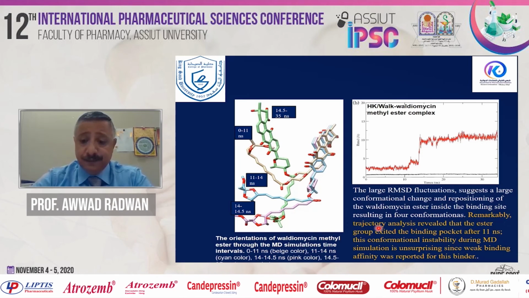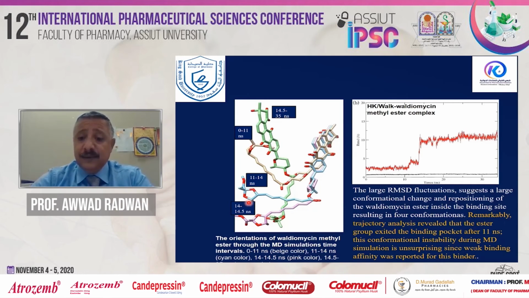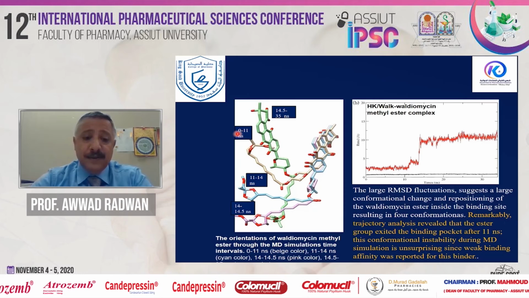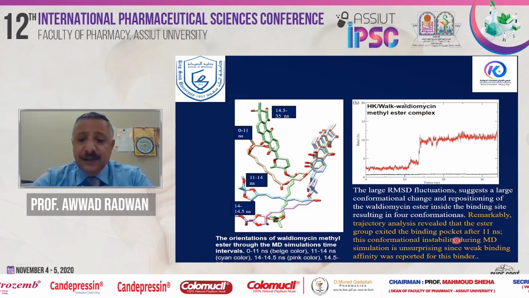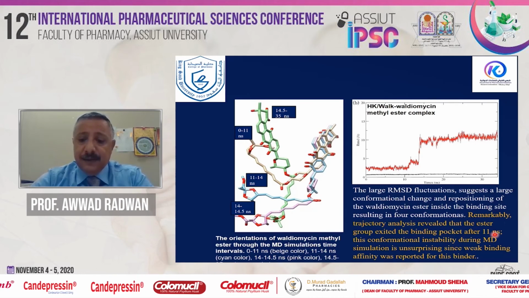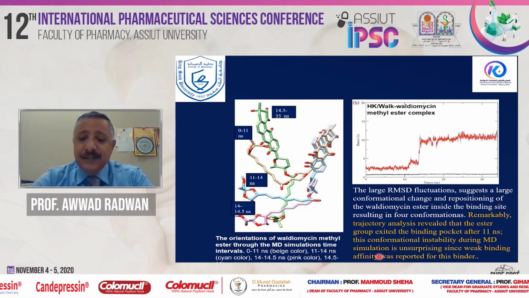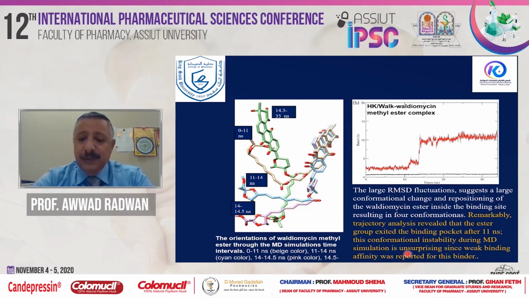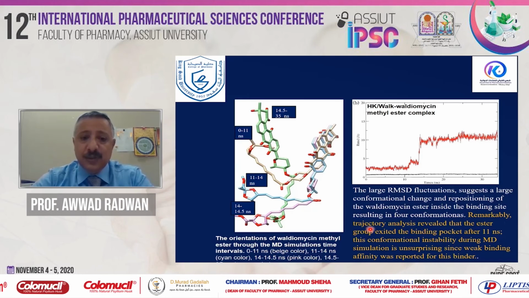Remarkably, trajectory analysis revealed that the ester group exited the binding site after 11 nanoseconds. This conformational instability during MD simulation is unsurprising, since weak binding affinity was reported for this binder.